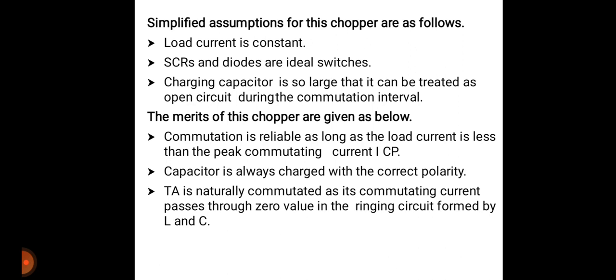Now, the merits of this chopper are that commutation is reliable as long as the load current is less than the peak commutating current, that is ICP. Capacitor is always charged with the correct polarity and TA is naturally commutated as its commutating current passes through 0 in the ringing circuit formed by L and C.